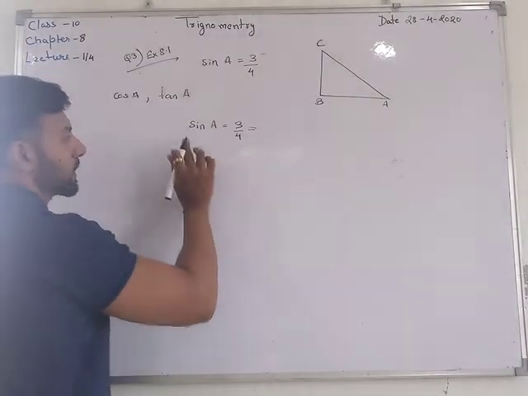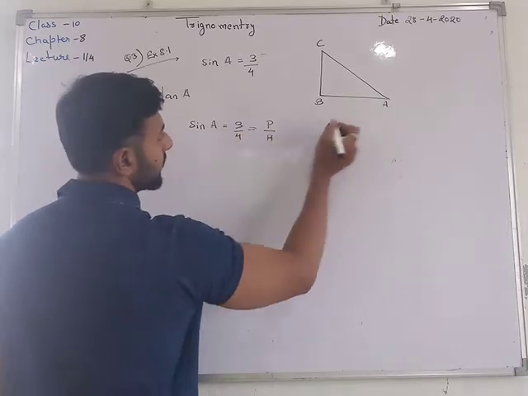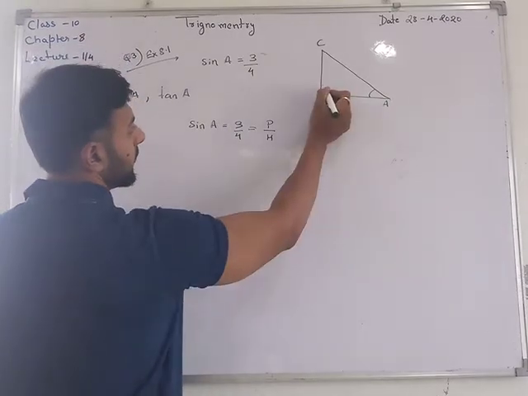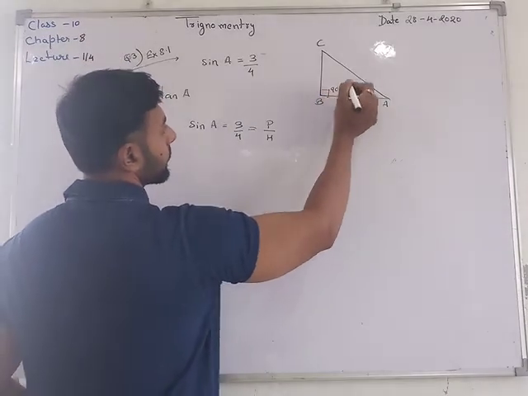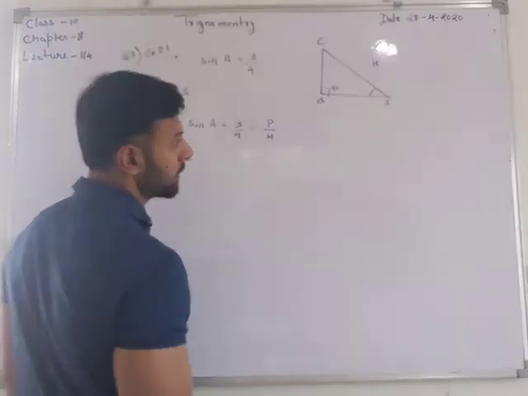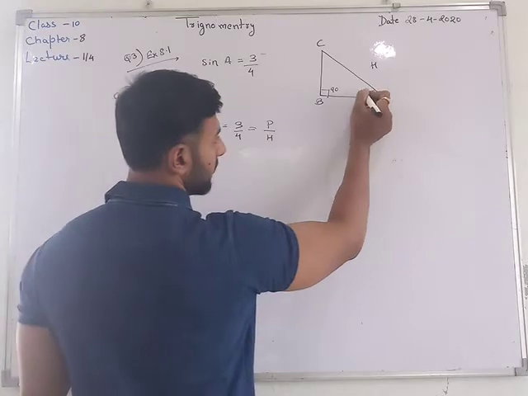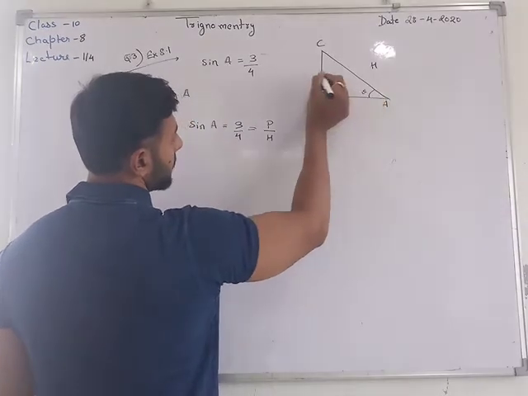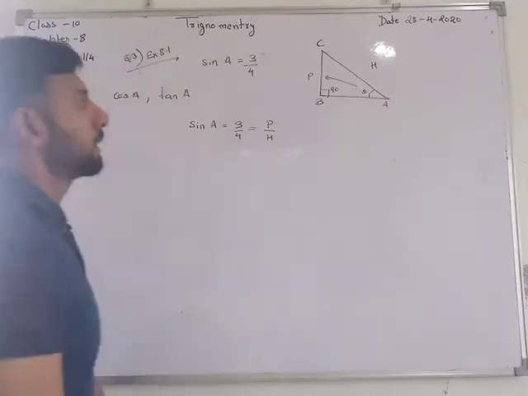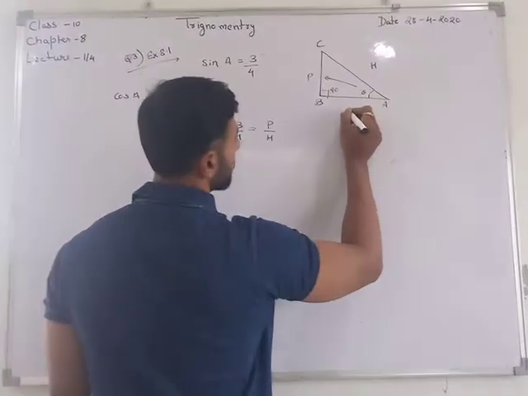We know the formula for sin A is perpendicular upon hypotenuse, which means perpendicular is 3. This is 90 degree. Side opposite to 90 degree will be hypotenuse. Here A is given, so A will be theta. Side opposite to theta will be perpendicular, and side including the theta will be base. So this will be base.